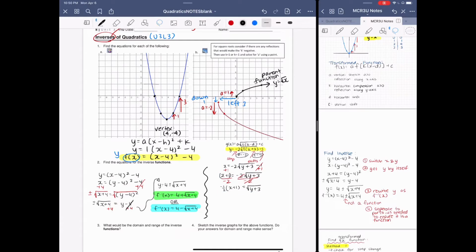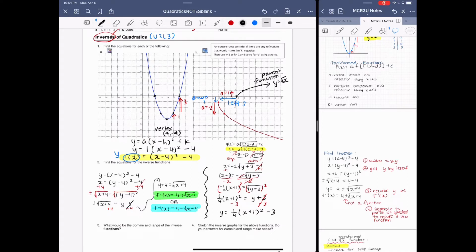I need to square both sides. So -1/2 squared is 1/4 (x plus 1) squared. That remains squared. So when you take the square of a square root, you get rid of those and you get y plus 3. Want to get y by itself, and you're going to subtract 3 on both sides. So y is equal to 1/4 (x plus 1) squared minus 3.